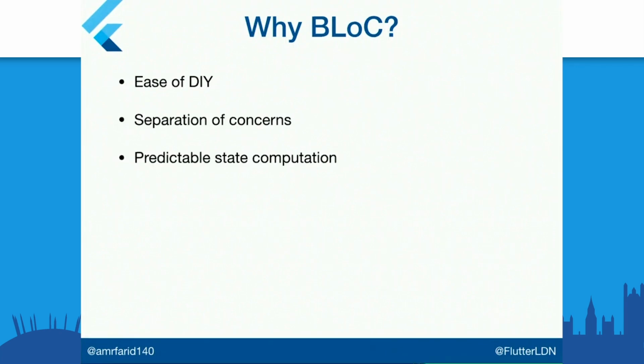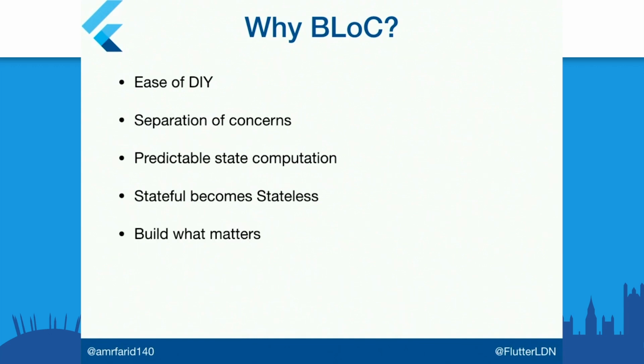It gives you predictable state computation, so given a certain input, you know exactly what output to expect for your state. And everything stateful in your application, the stateful widgets, will become stateless, which means more performant, fewer build calls, and easier management. Essentially, you can build what matters.